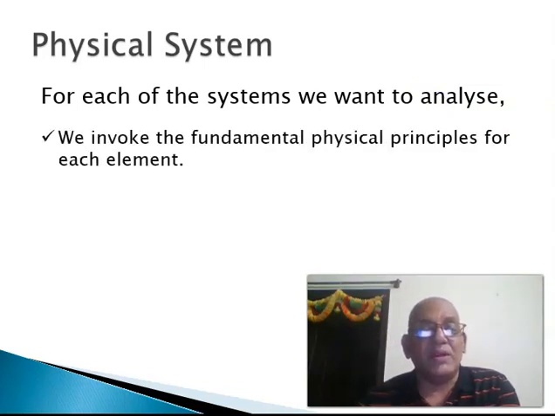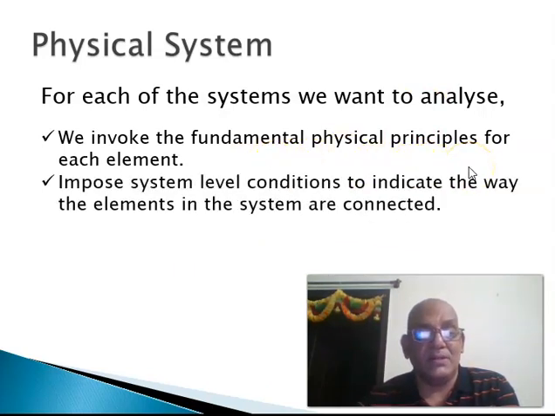For each element in the system, you write the fundamental principles, either Newton's laws or laws of thermodynamics or electromagnetics or whatever. For each element, we invoke fundamental principles and write an equation, and then impose system level conditions to indicate the way the elements are connected together.